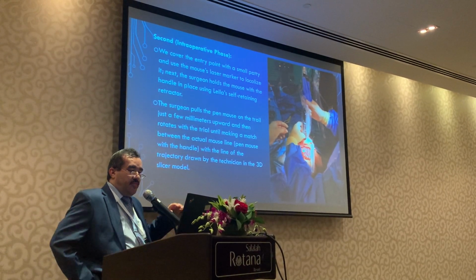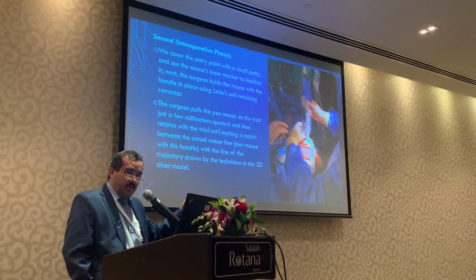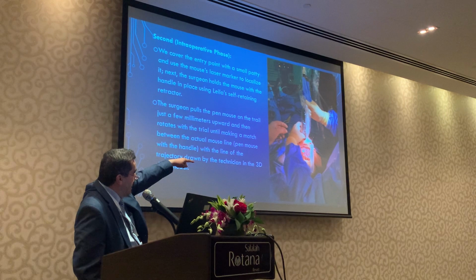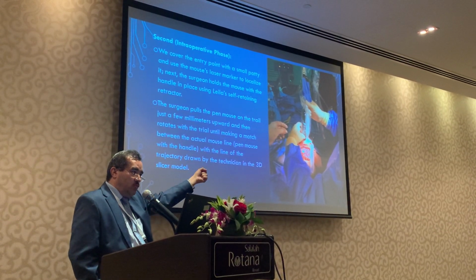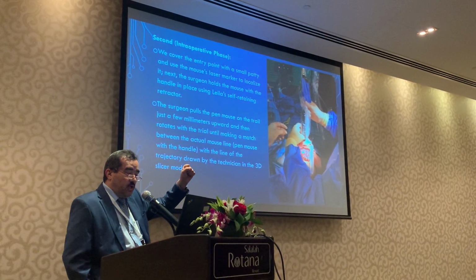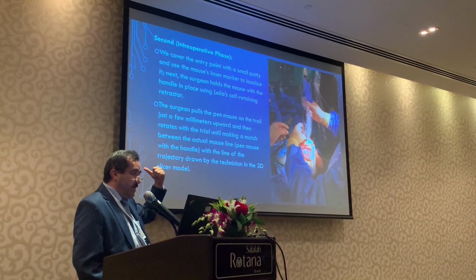Later on, the technician will say, okay, you are now on the point. I will pull the mouse a little bit above, and with its sliding scale, I move it in three dimensions until I reach the same trajectory that I already drew on the image.